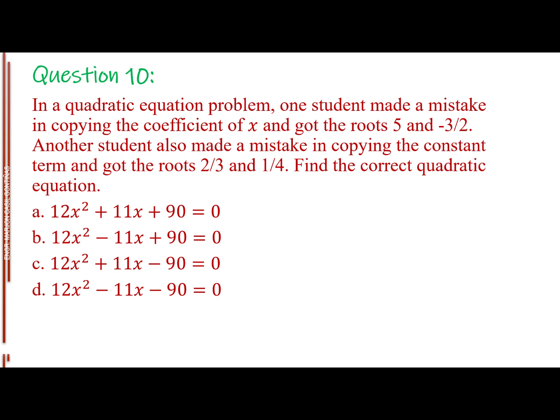Letter B, 12x raised to 2 minus 11x plus 90 equals 0. Letter C, 12x raised to 2 plus 11x minus 90 equals 0. Letter D, 12x raised to 2 minus 11x minus 90 equals 0. Your timer starts now.